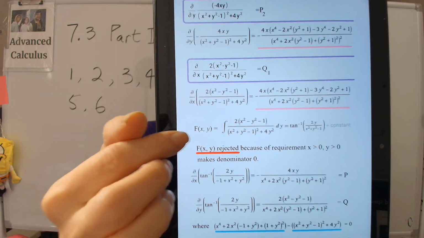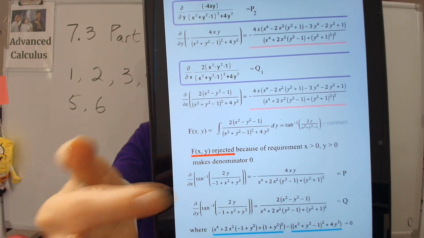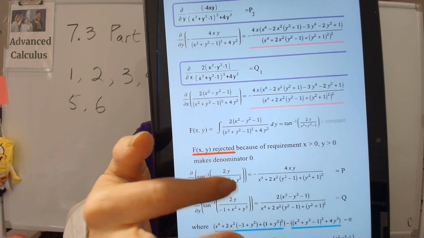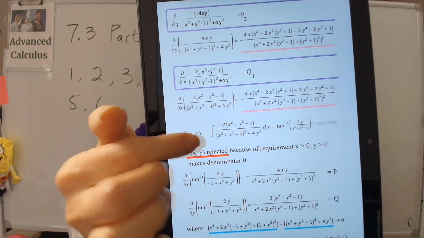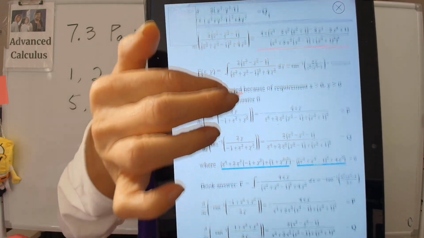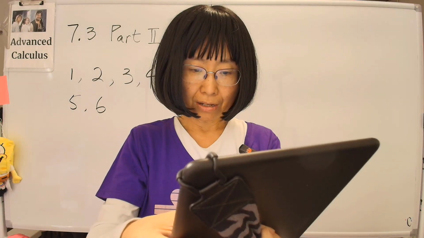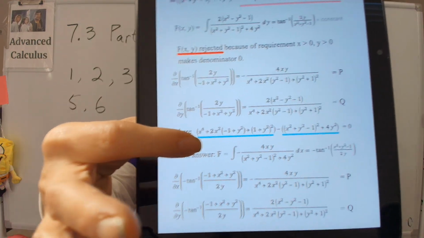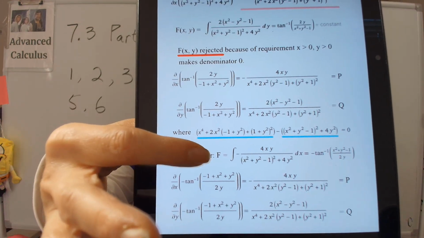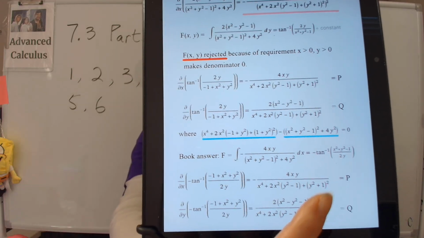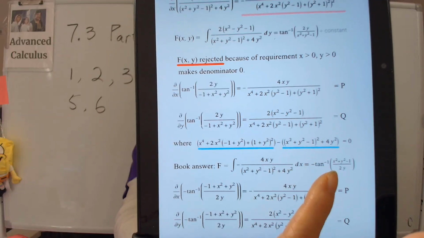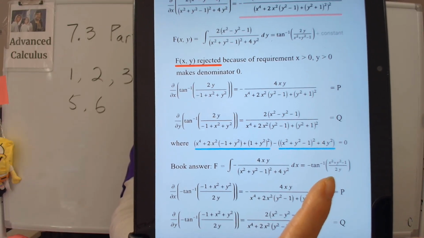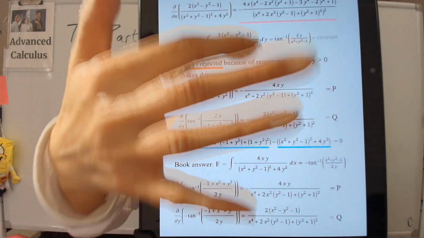Okay, so then we have to reject this formula, and then this is integrated with respect to dy. And then if we integrate with respect to dx, then for big F, we get a slightly different formula. And that one works out much better, okay? And this one is represented with 2y on the bottom. Now this is different from this one, okay?